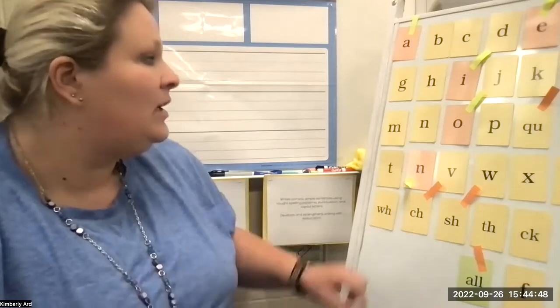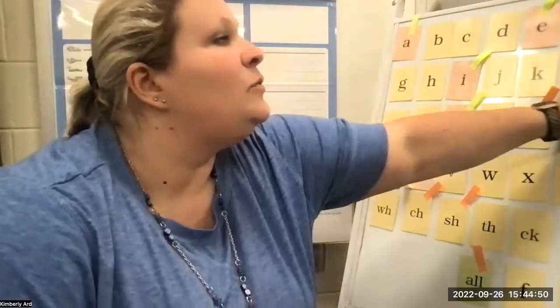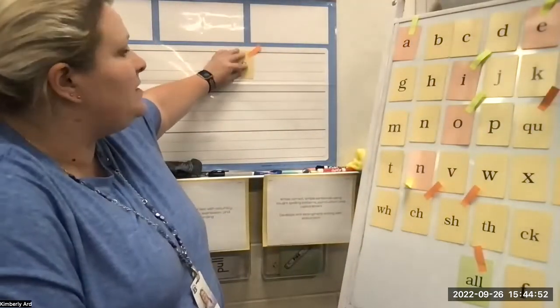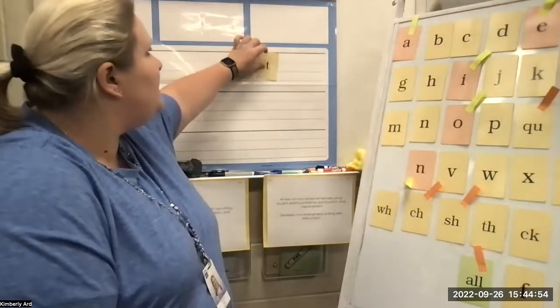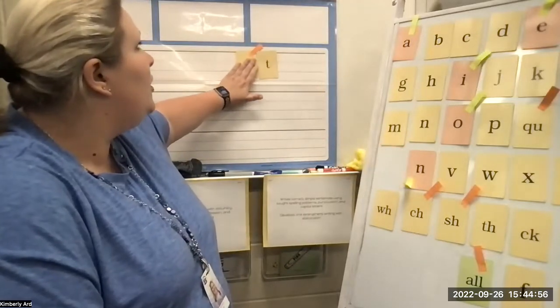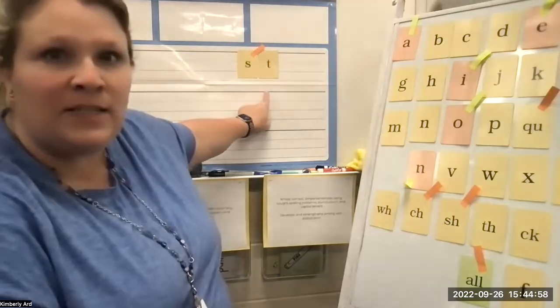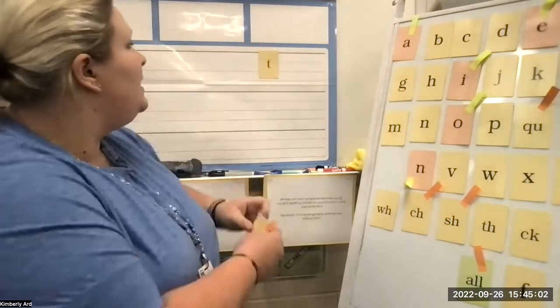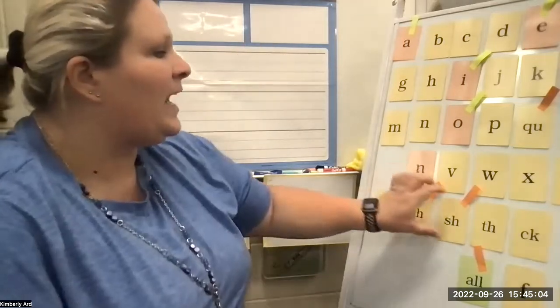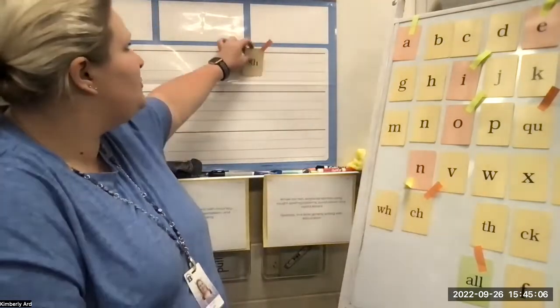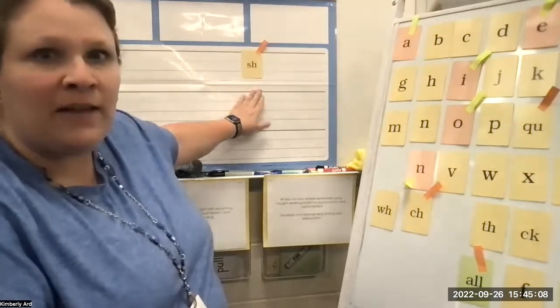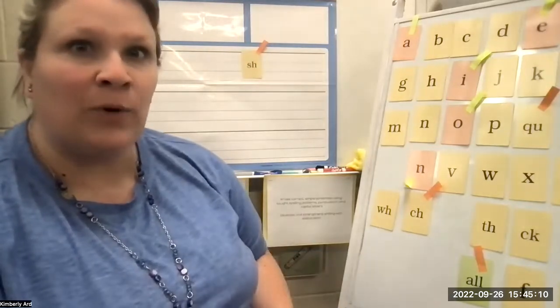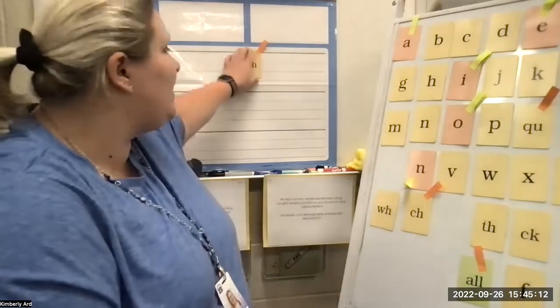So for example, a blend would be S and T. When we say those sounds, st, it is a blend because we hear both of those sounds. Now, when we have SH, and we put those together, it makes sh, it's a brand new sound. So that's a digraph.